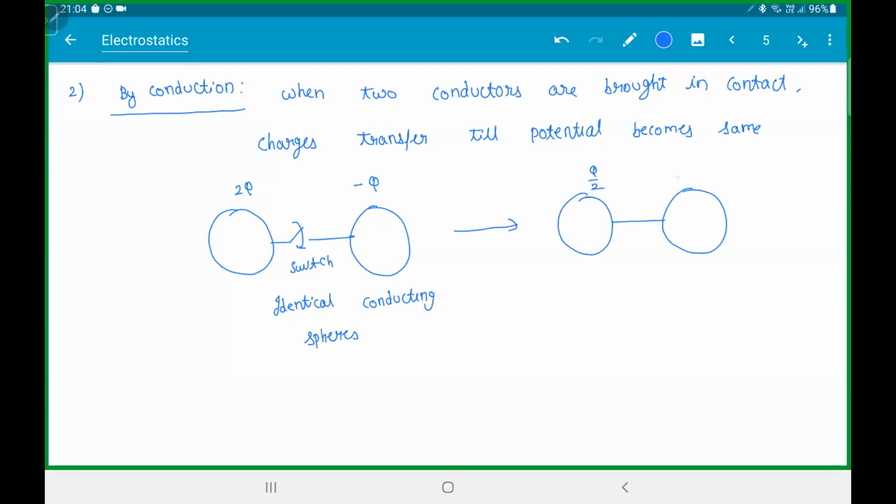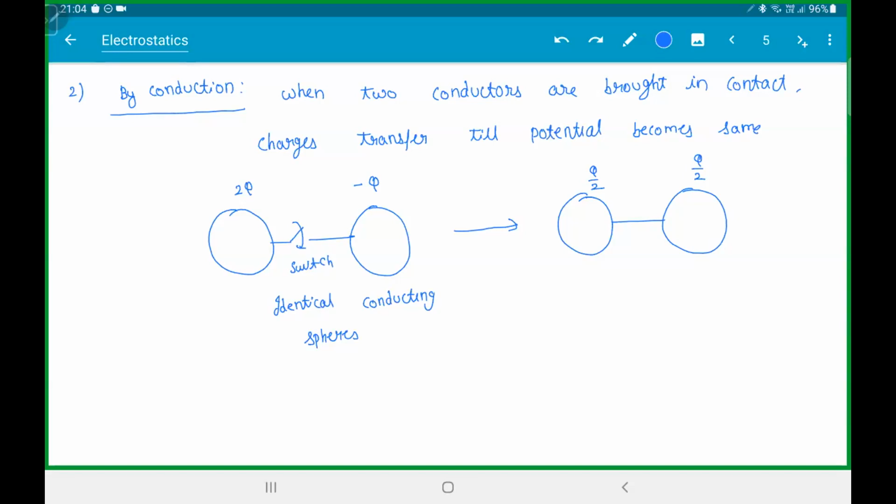So this will have q by 2 and this will have q by 2. Is that making sense? Because both are identical, they should have equal charge. This is 2q and minus q, so the total charge is q. Both will share half and half, q by 2, q by 2. If they're not identical, we have to use a different formula. We will see that later on. This is the second method.